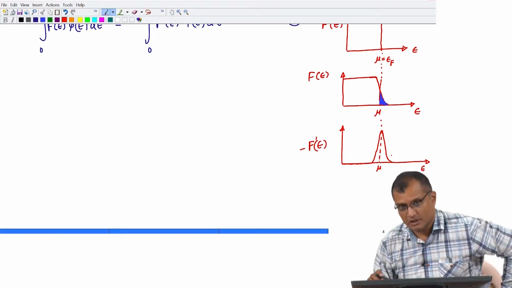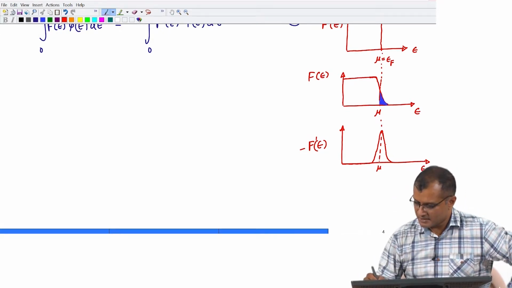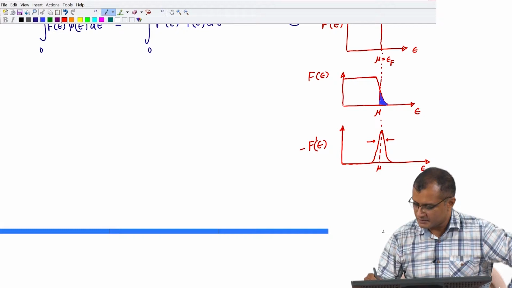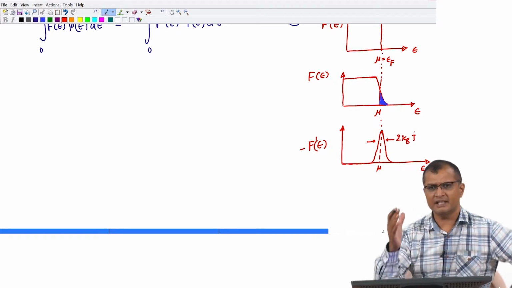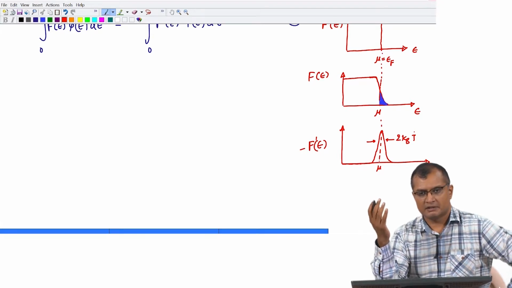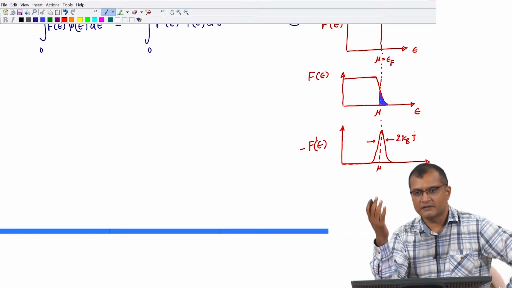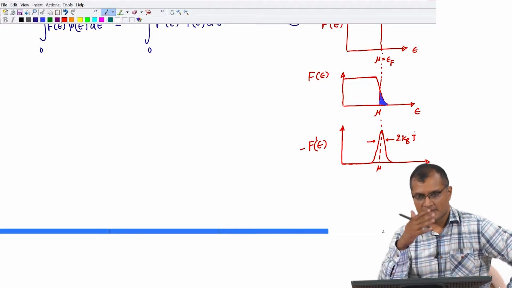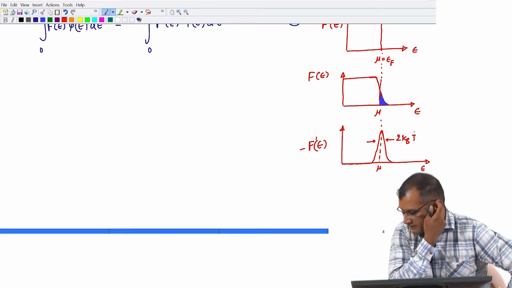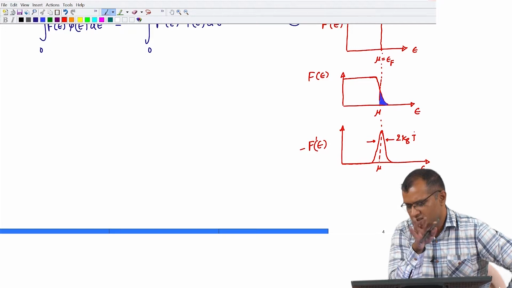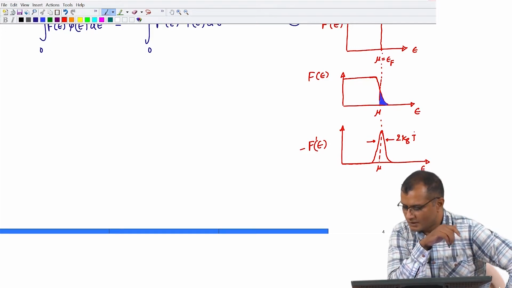So, this derivative has to come to 0, and you can see this is a sharply peaked function where the width is of the order of twice kT. About kT over k times Tf is the fraction of electrons excited above the Fermi surface. So, the width of this is somewhat twice kT.